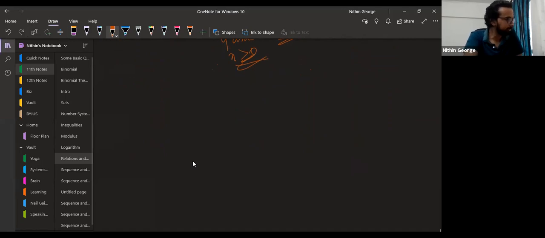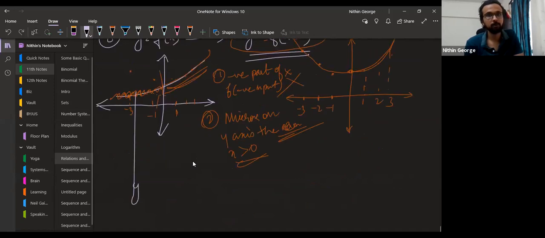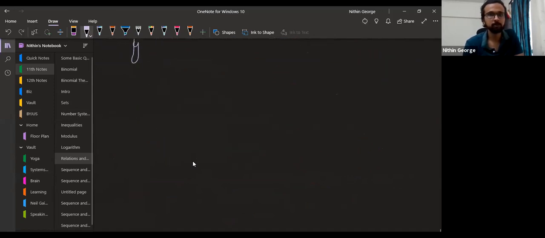Let's see. How many did we do now? What happens if y becomes minus y? Very good. What if y becomes mod y? Y equal to f of x becomes mod y equal to f of x.